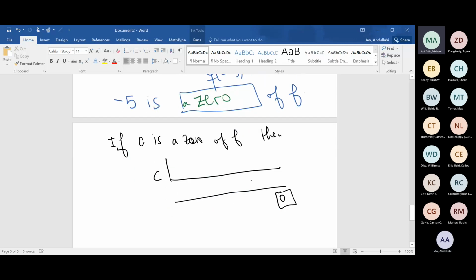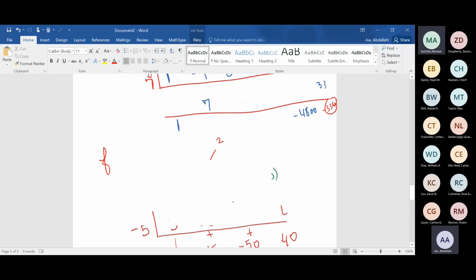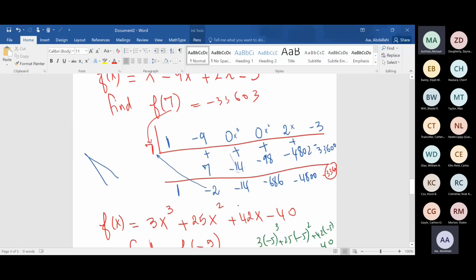Okay? So now if I come back here, look at the synthetic division right here. Look at the last number I got. Is 7 a 0? Yes or no? No. 7 is not a 0.